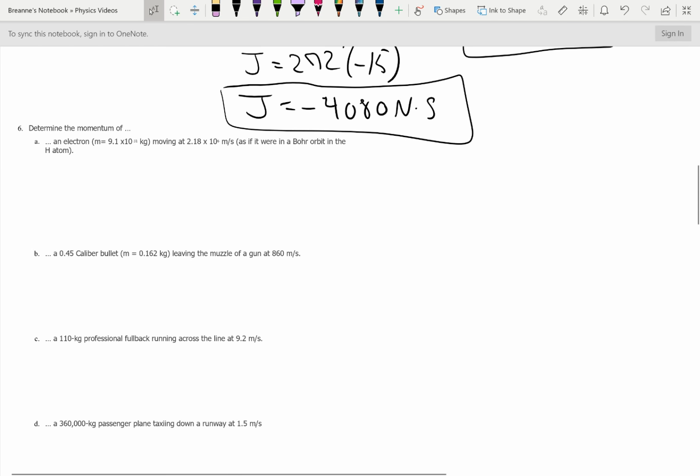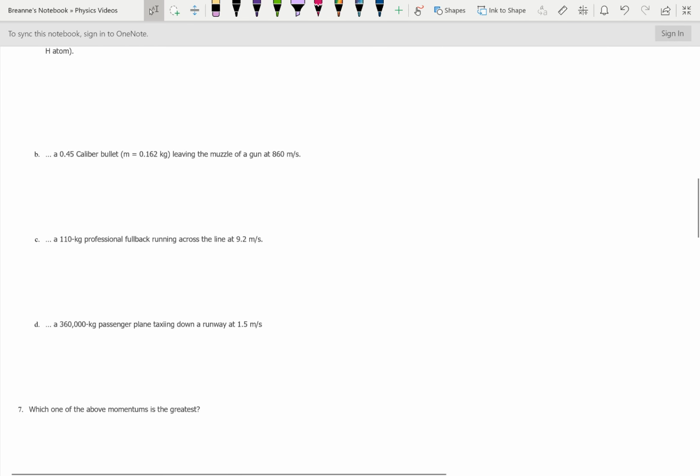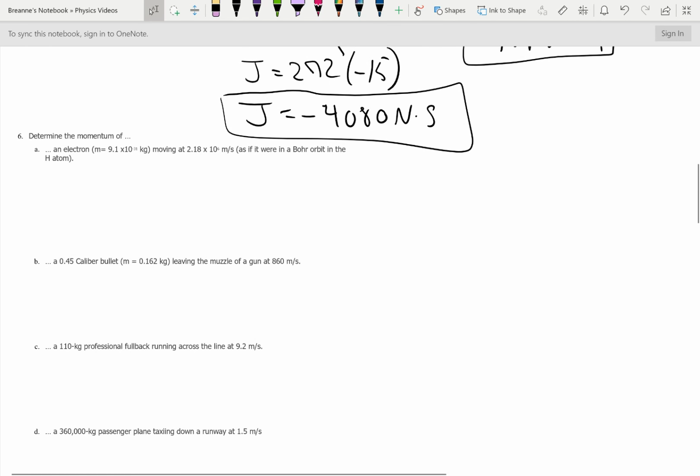So determine the momentum of, and we have a couple of things for you to determine the momentum of. Momentum is just mass times velocity. So we have the mass here, we have the velocity there, so you just multiply those two together. So you have 9.1 times 10 to the negative 31 times 2.18 times 10 to the 6th.